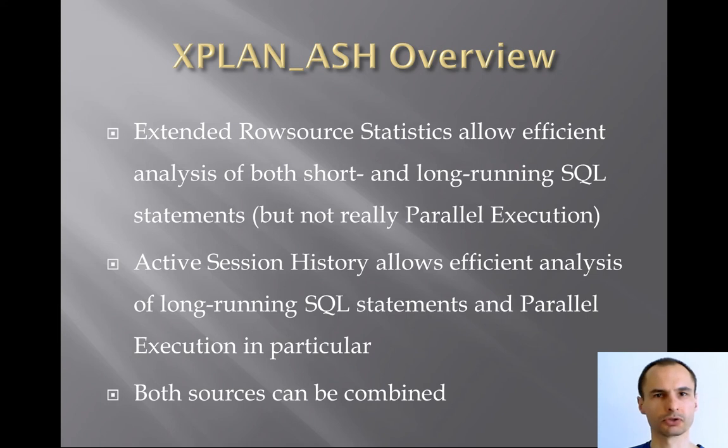So you can even troubleshoot statements that basically only do a couple of logical IOs, to understand if the performance is still not sufficient. Then you can see, for instance, where these couple of logical IOs happen, and that's something that you can do with the row source statistics.